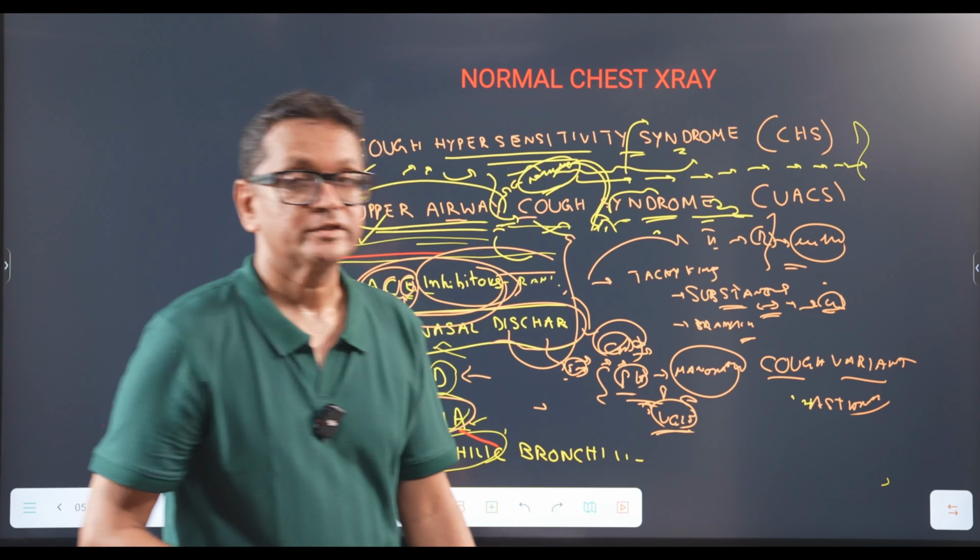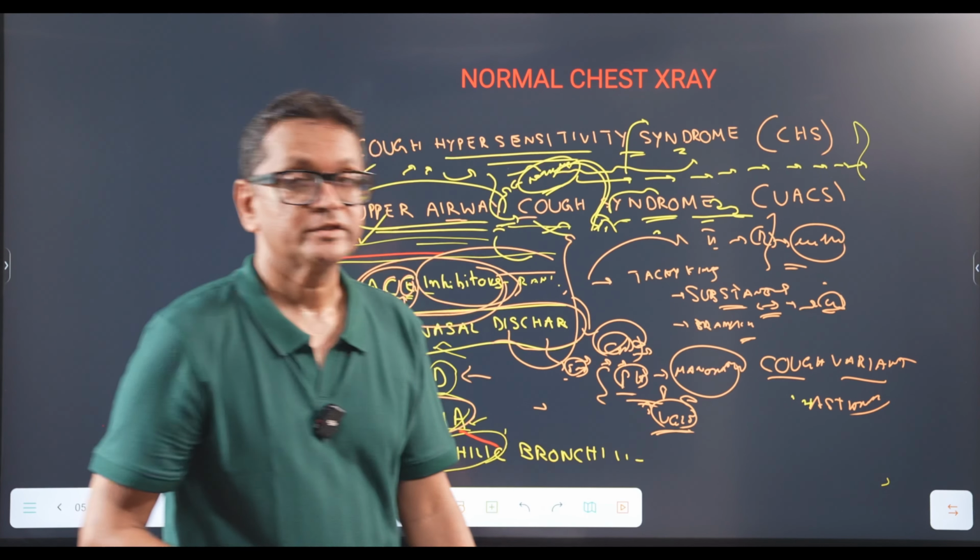So what happens is that instead of classical symptoms of asthma, what are classical symptoms? Chest tightness, wheezing, those things. The patient doesn't have all these things. Only a simple dry cough would be there, nocturnal cough.